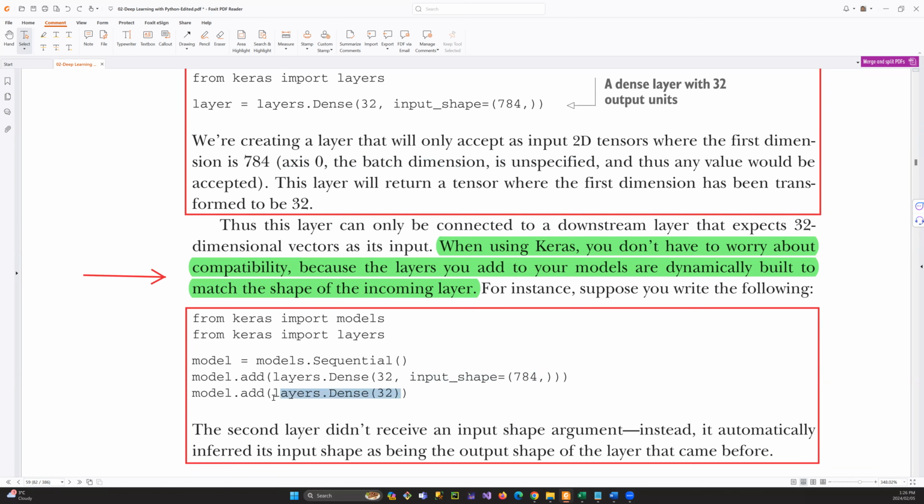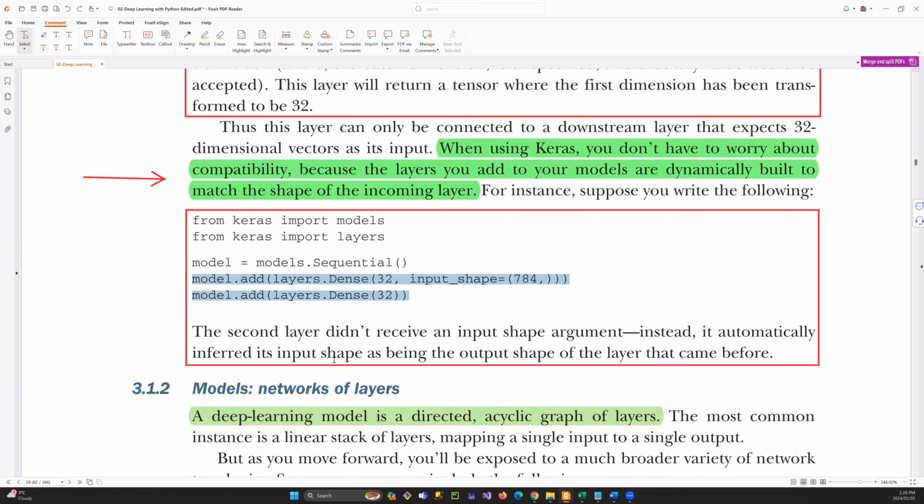And for this one, we didn't say. Well, we could say, but it's not necessary to say that the input shape of this one is 32. Automatically, it's going to adjust that. Okay, it says that the second layer didn't receive an input shape argument. Instead, it automatically inferred its input shape as being the output shape of the layer that came before.